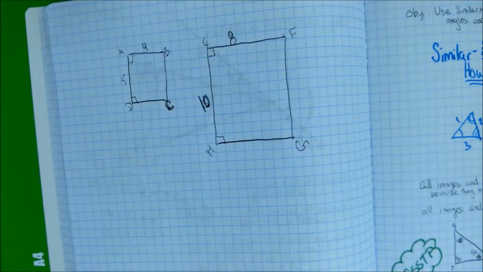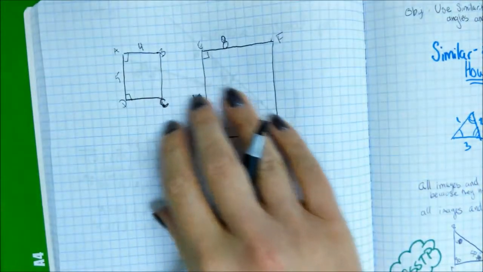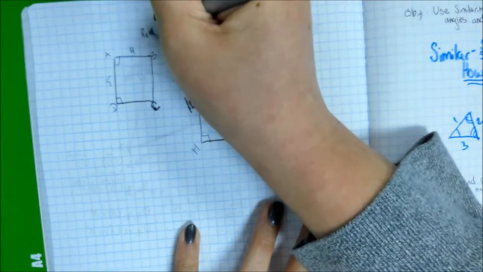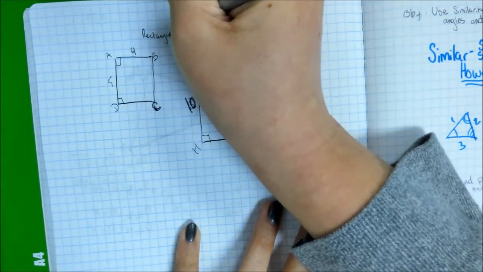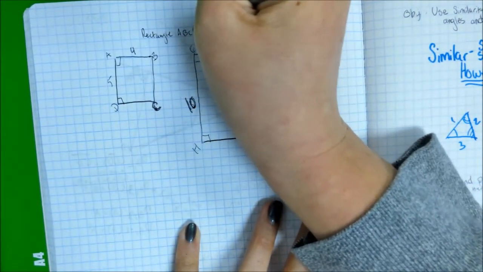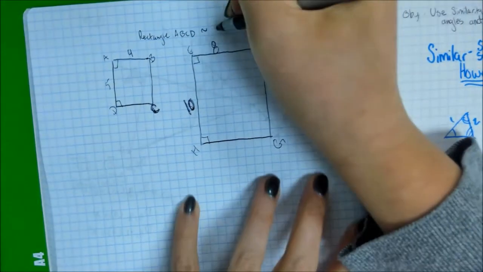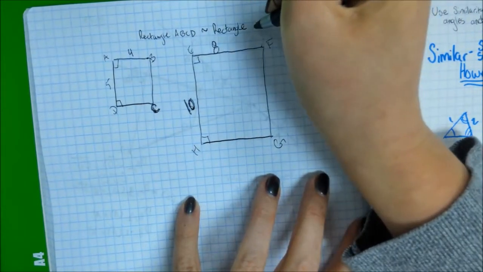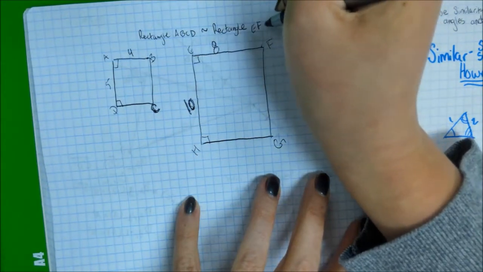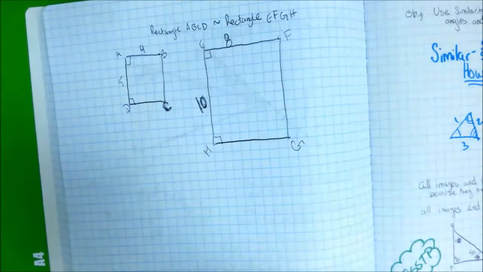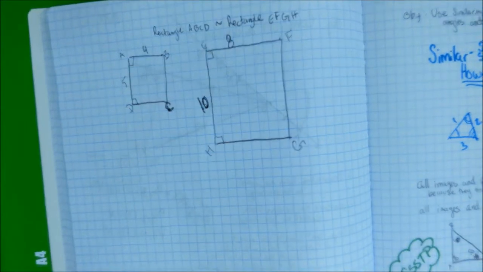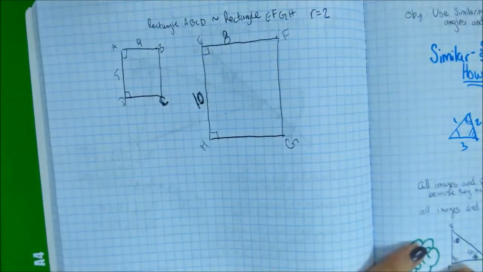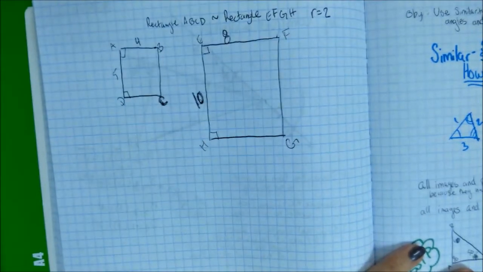So the question is what happens here to this rectangle? Well, an interesting thing happens. We know that the sides will be in proportion. So I'm going to say that rectangle ABCD is in proportion to rectangle EFGH. Okay? And I'm going to say it has a scale factor, an R, of 2. Okay?